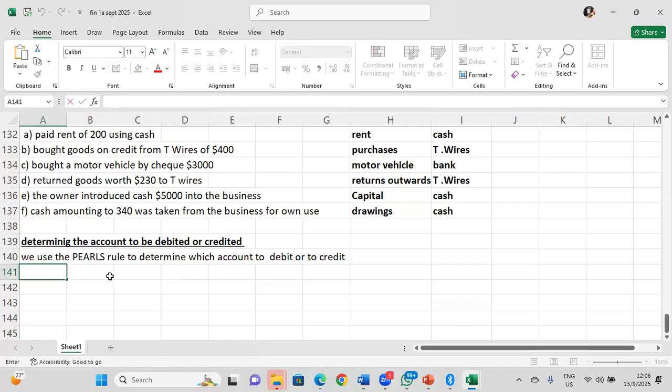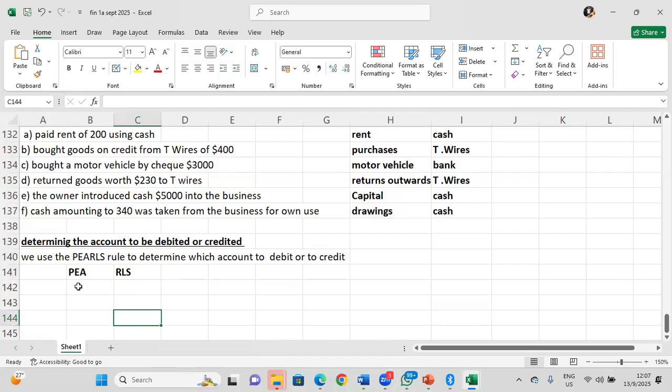If you're using the Pearls, you break it in half. Pearls is P-E-A-R-L-S. So we take the first three, then let's take the last three. The first three on the Pearls are said to have a debit balance. The last three have a credit balance. Which are these? The P represents purchases. The E is the expenses.